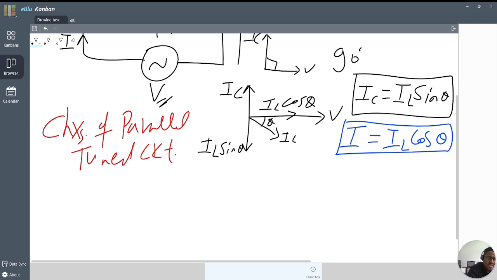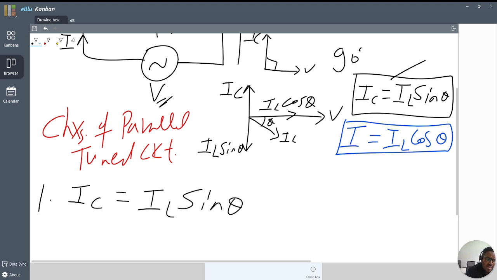To find impedance, number one, from this equation, IC becomes IL sine theta. That's what we saw previously.